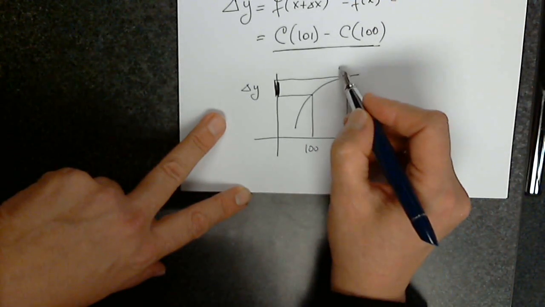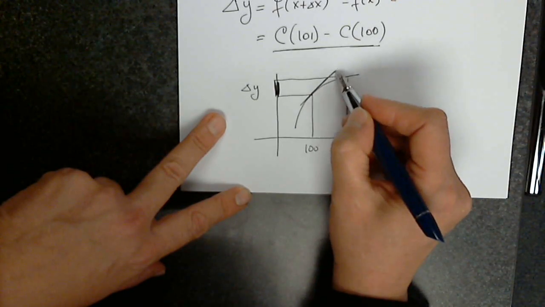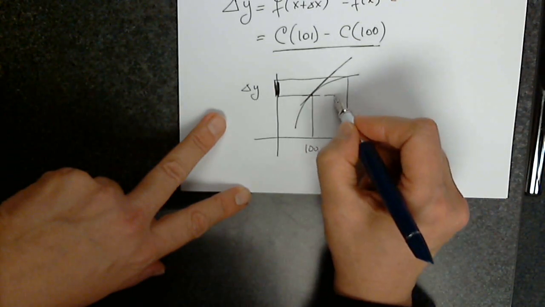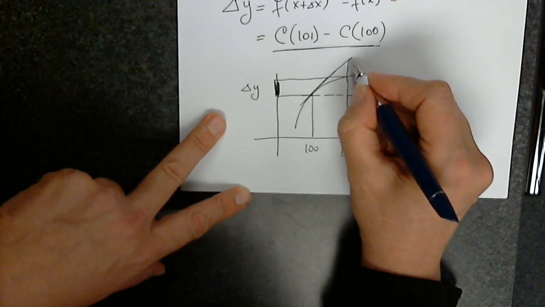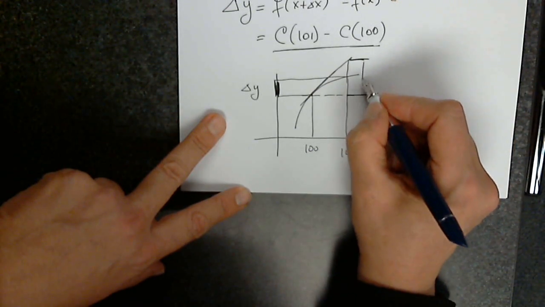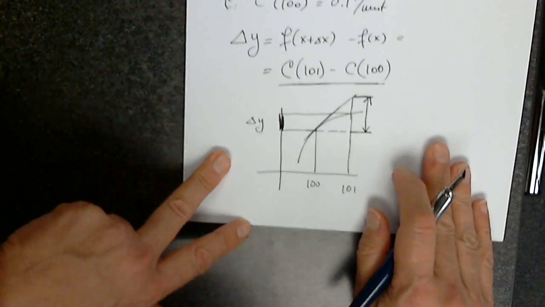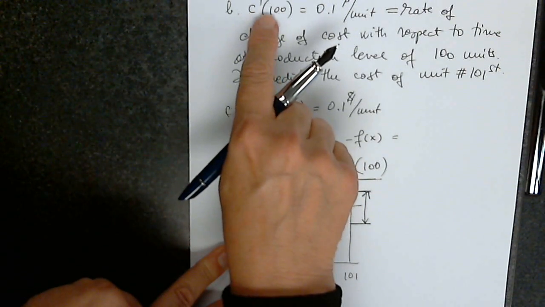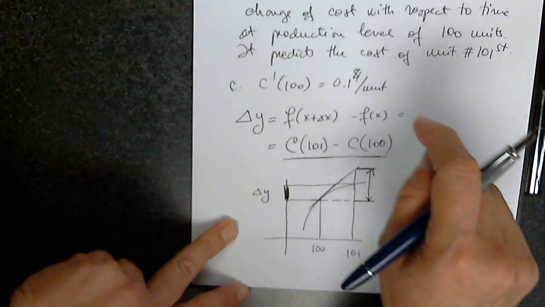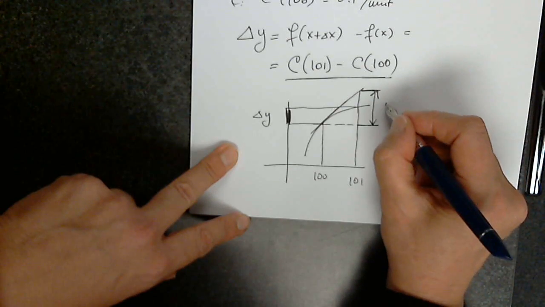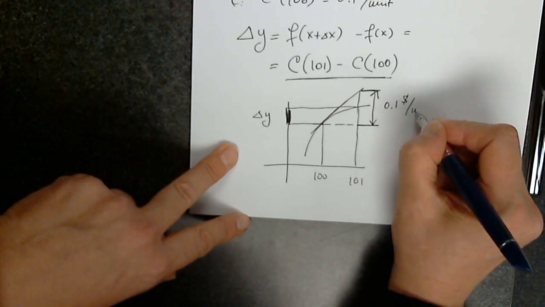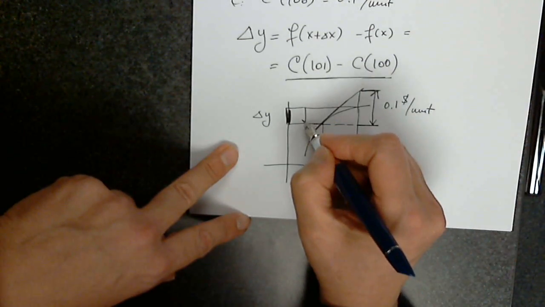Instead, we will be using this. This is the C prime of 100. So this is $0.1 per unit. So let's see what we get here.